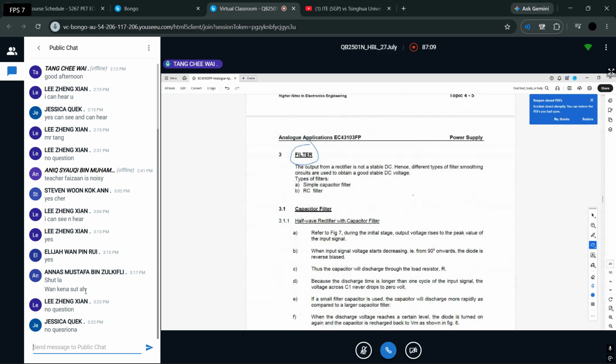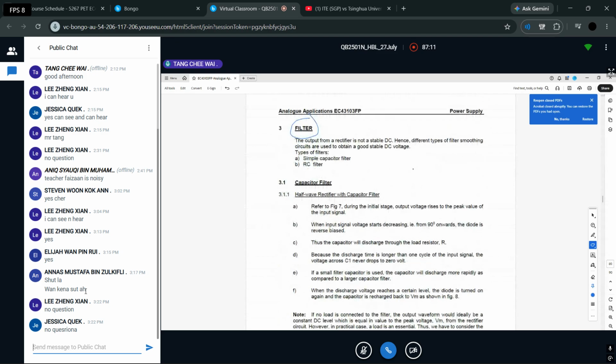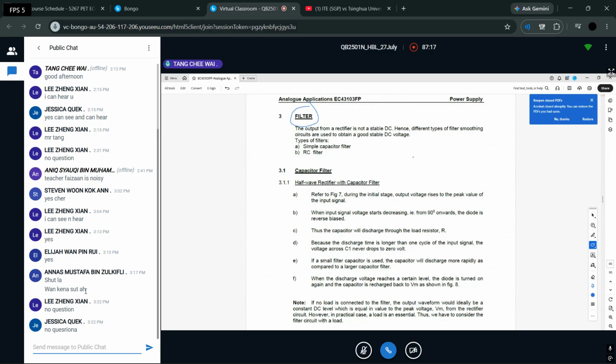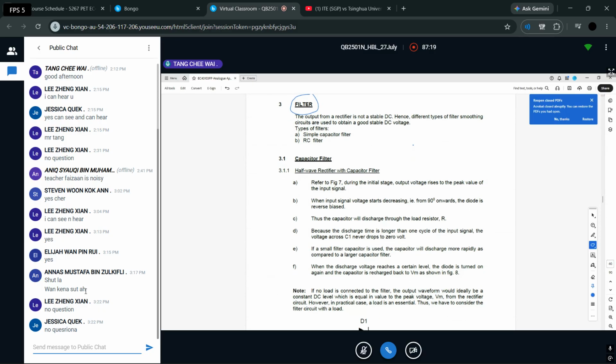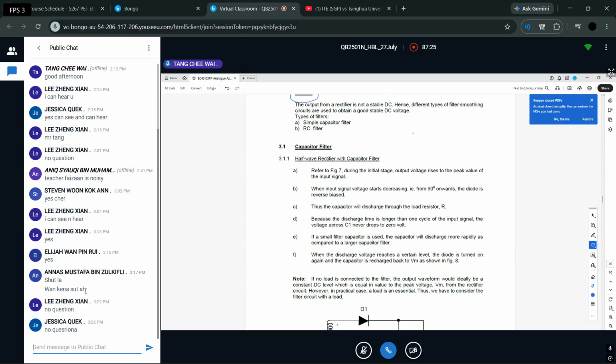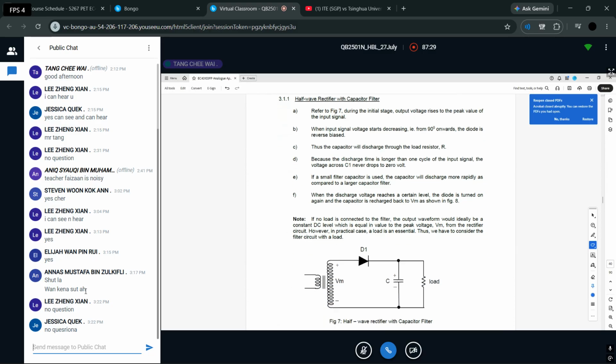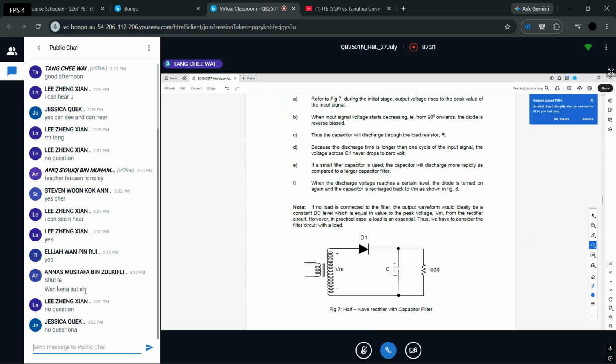So I showed you where the next stage of the power supply is, which is a filter. First of all, what does the filter do? It actually smoothens out the pulsating DC. How does it happen? Maybe we take a look. It has a capacitor here.